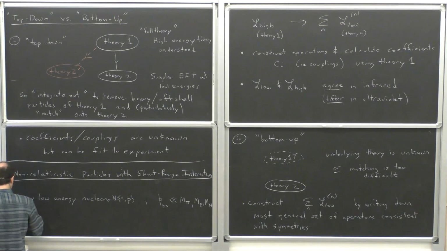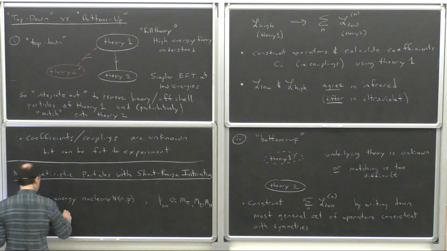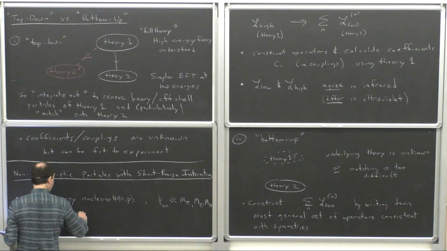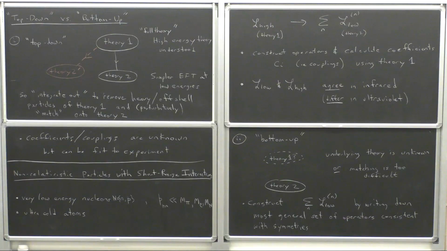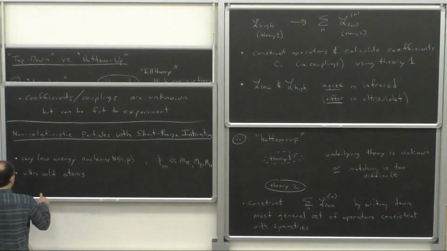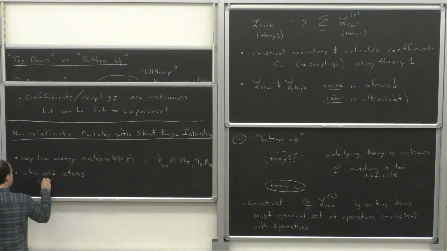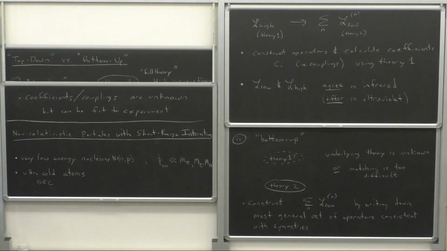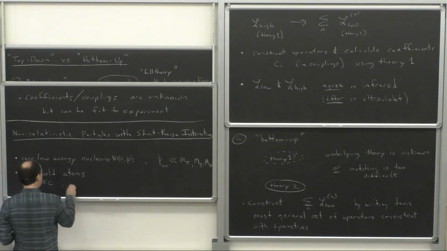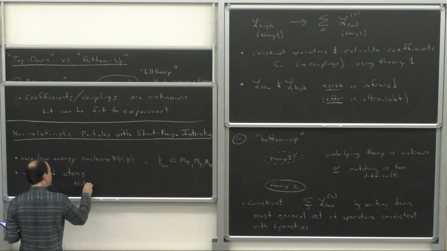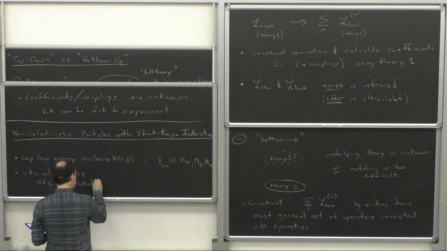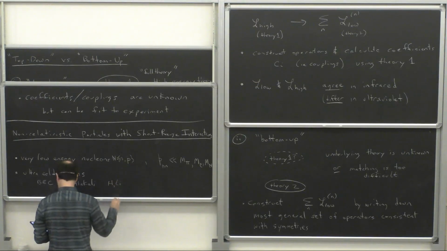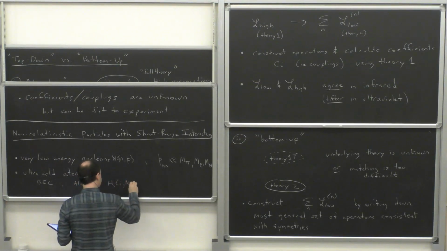Another very interesting system where this effective field theory is going to be useful is cold atoms. So cold atoms, a key system in atomic physics. I'll make a list here of different types of systems. You could have a Bose-Einstein condensate. You could be studying alkalis like hydrogen, lithium, sodium.